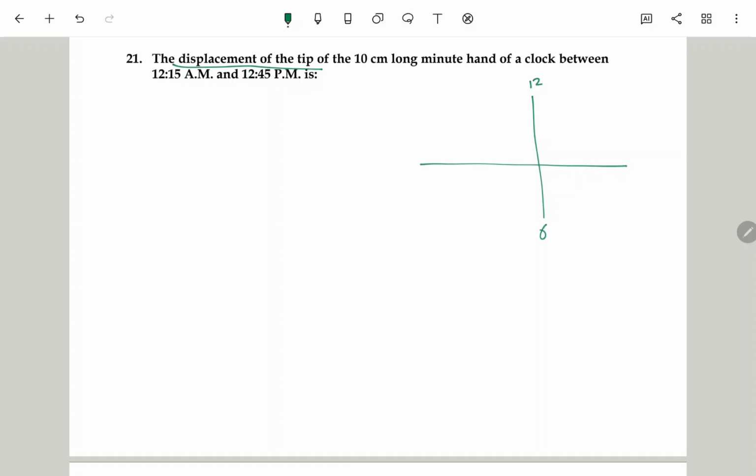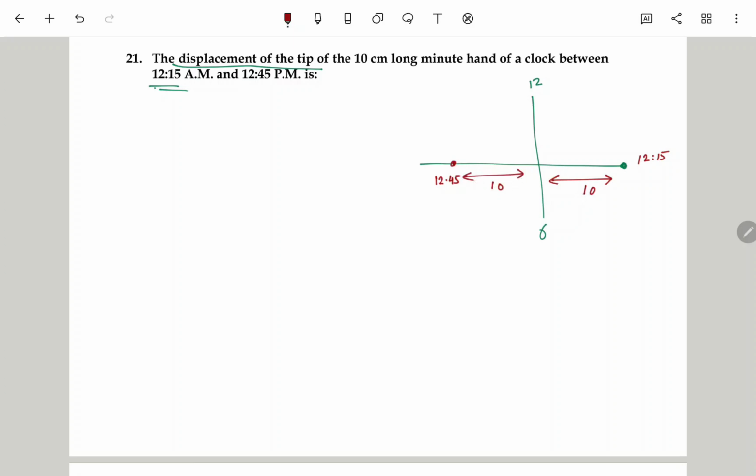Now, between 12:15, it's 10. This is 10, and this is 12:15, and 12:45. This one here, 12:45. There's another 10.